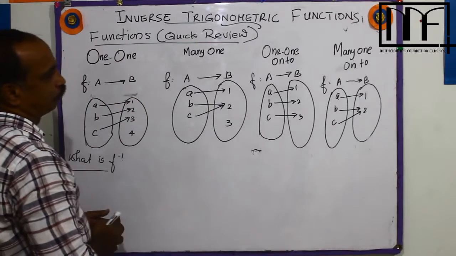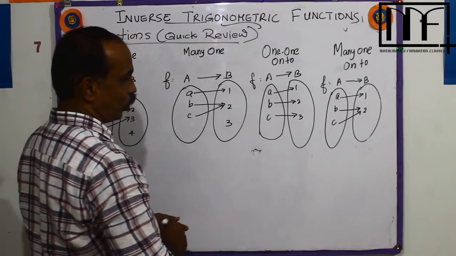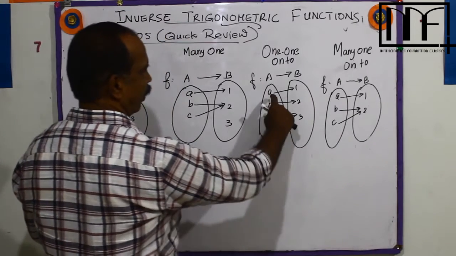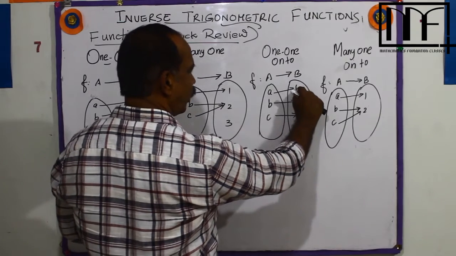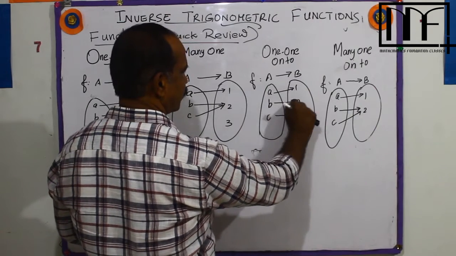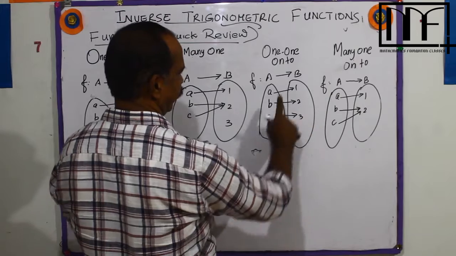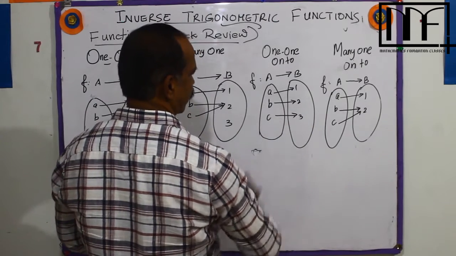Now let's go to the third example, that is one-one and also onto. Why is the function one-one? Because each element in the domain has its own image. a has 1, b has 2 and c has 3. So all the elements have their own images, therefore it is one-one. And no element in B is left over, so it is onto.